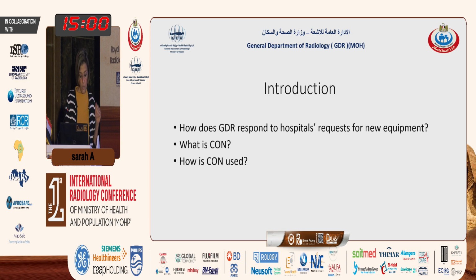So to be able to do that, GDR has developed a document. It's called Certificate of Needs, or the CON. The CON is basically a scoring system that is done for the different aspects present within the hospital. These aspects accumulate together a score. According to that score, we have a prioritization method to put these hospitals into categories.